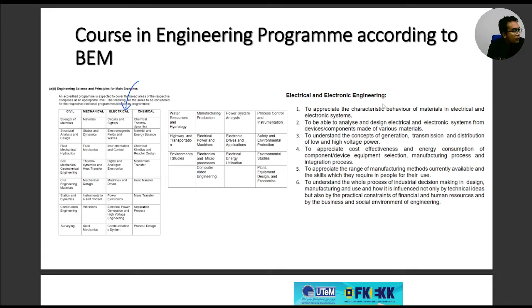So here we have circuit, signal, EMT, instrumentation, digital, analog and everything, and we have energy and power systems. And obviously there will be additional courses required by EAC and BEM for E&E, listed by 6 categories underneath this list.